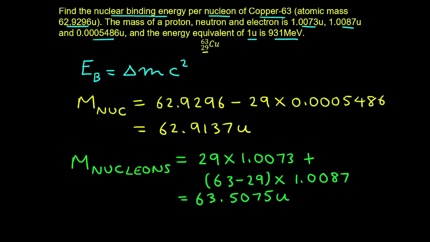And from that, we can calculate the mass defect, which is the mass of the individual nucleons minus the mass of the nucleus of this copper nuclide. So that gives 0.5938 atomic mass units.